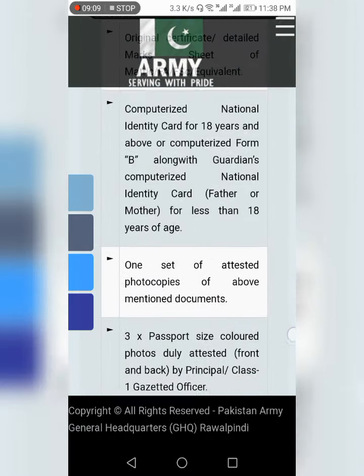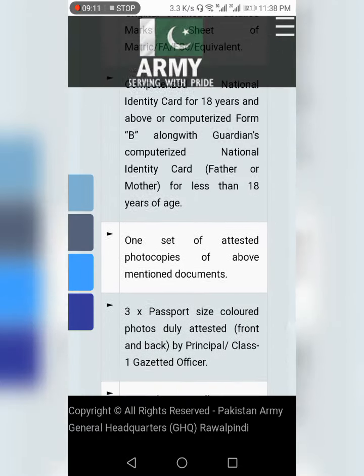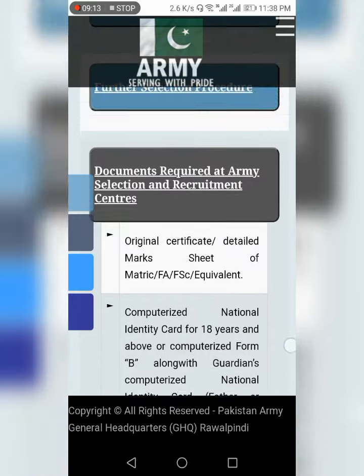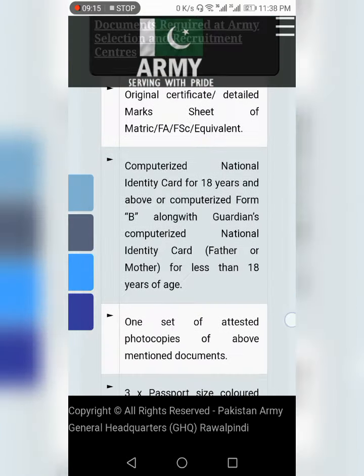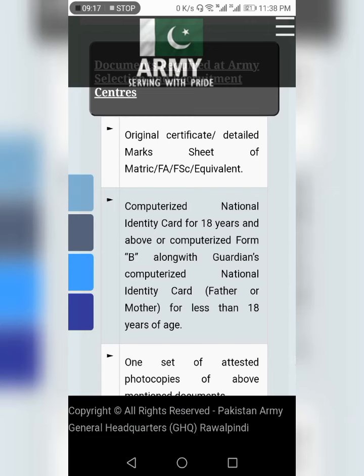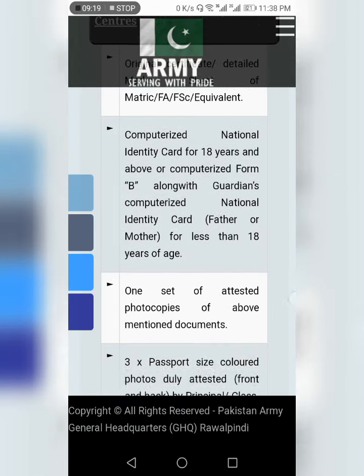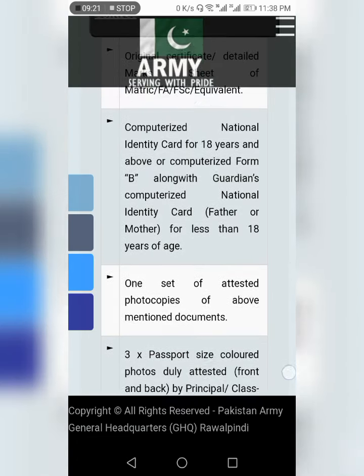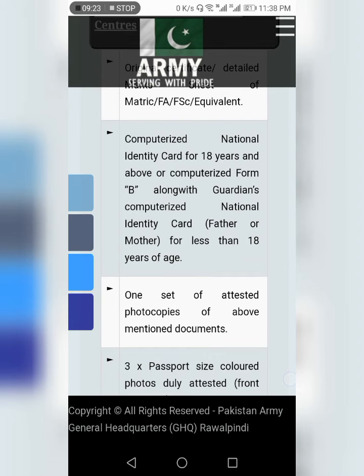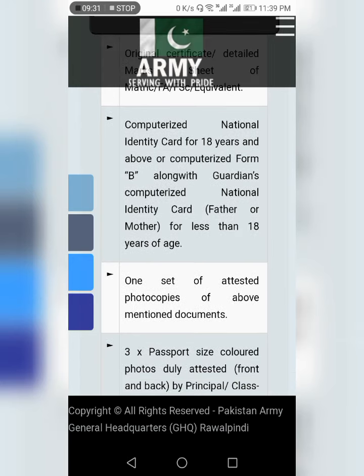So the documents required at the course will be your original certificate of your matric, or original computerized national identity card for 18 years. For 18 years you must have your CNIC, or if you are under 18 you will have your B-form.